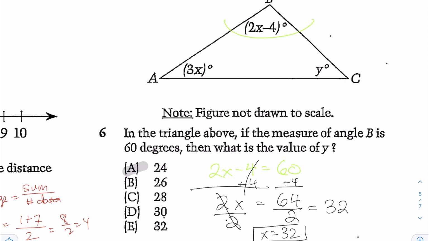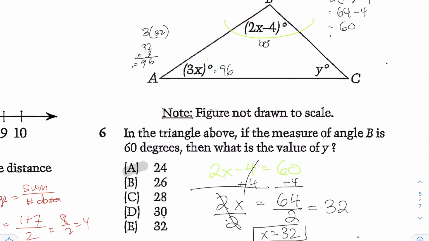Again, that's not the answer because we want to solve for y. So if x is equal to 32, you'll have to figure out what all these angles add up to, or what each of these angles are. So for angle B, it's 2 times 32 minus 4, or 64 minus 4, which is equal to 60. For angle A, it's 3 times 32, which is equal to 96. And you have y.